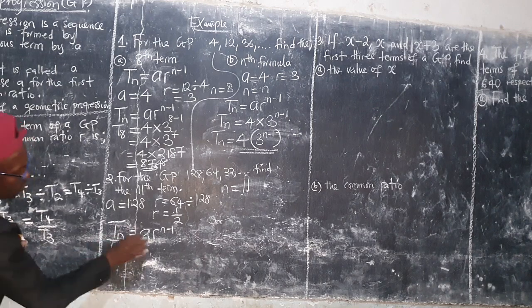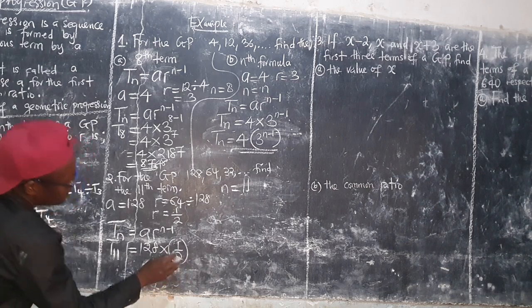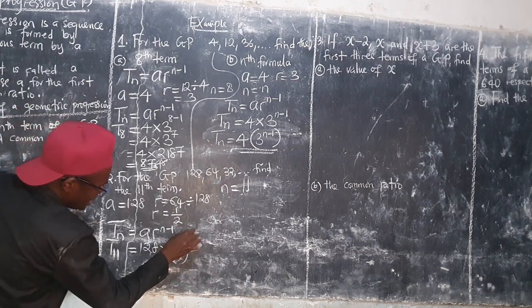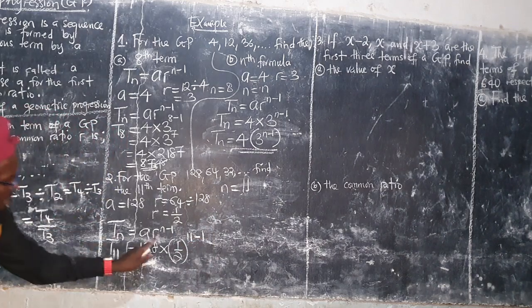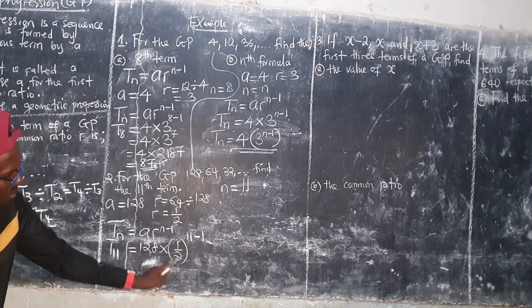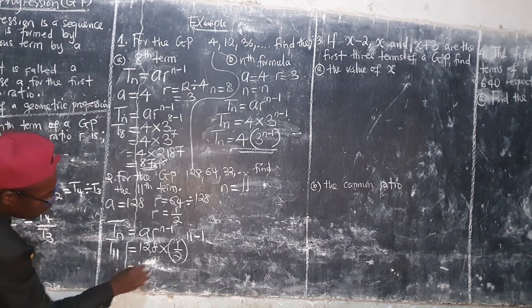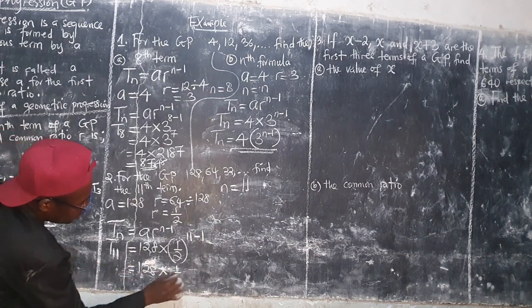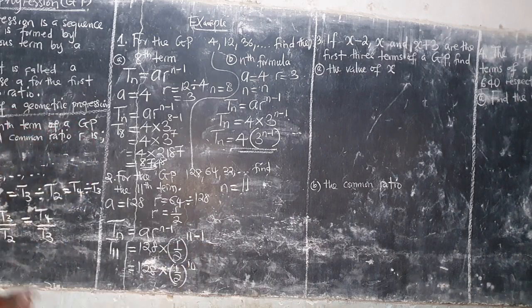What is our first term? 128 times R, which is 1 over 2, to the power 11 minus 1. 11 minus 1 is what? 10.